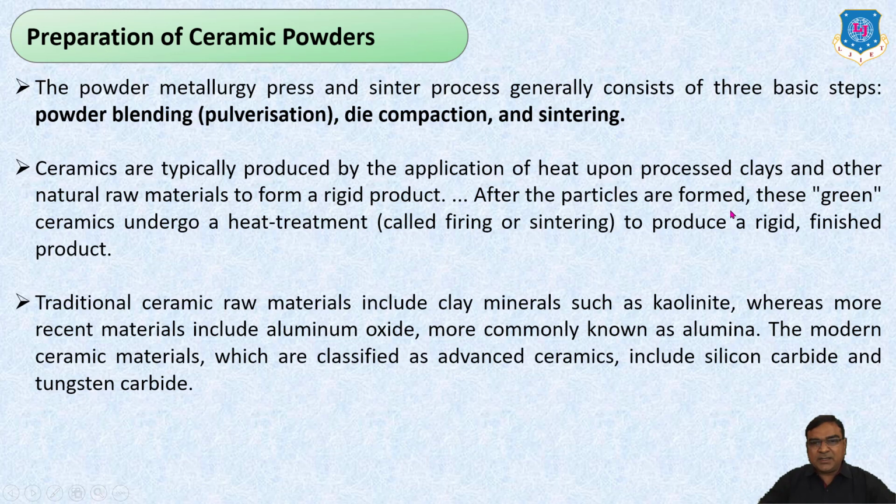After the particles are formed, these green ceramics undergo a heat treatment called firing or sintering to produce a rigid finished product. Traditional ceramic raw materials include clay minerals such as kaolinite, whereas more recent materials include aluminum oxide, more commonly known as alumina. The modern ceramic materials, which are classified as advanced ceramics, include silicon carbide and tungsten carbide.